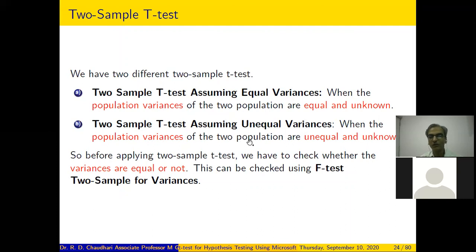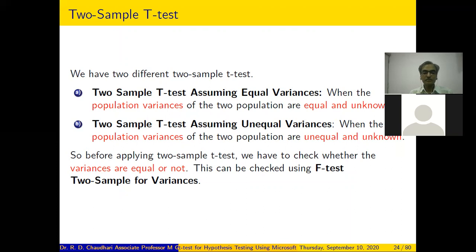But when the two population variances are unknown and unequal, then under such a situation we can use the two sample t-test assuming unequal variances. It means that before applying a two sample t-test, we have to check whether the variances are equal or unequal, right?